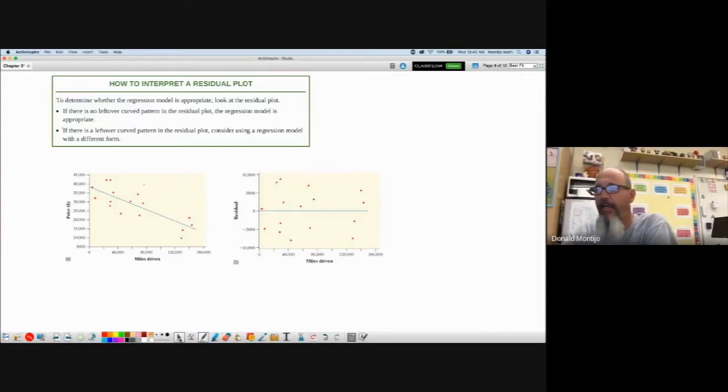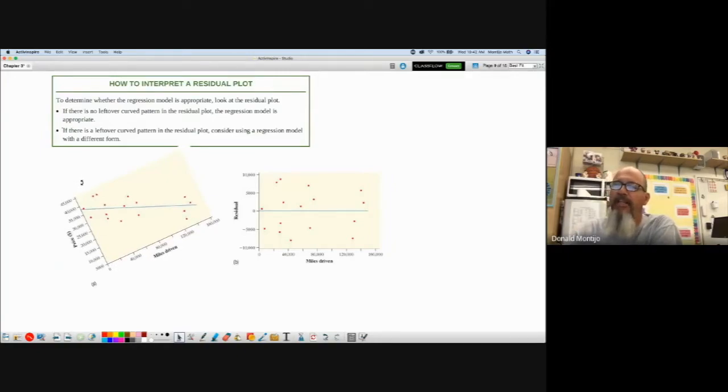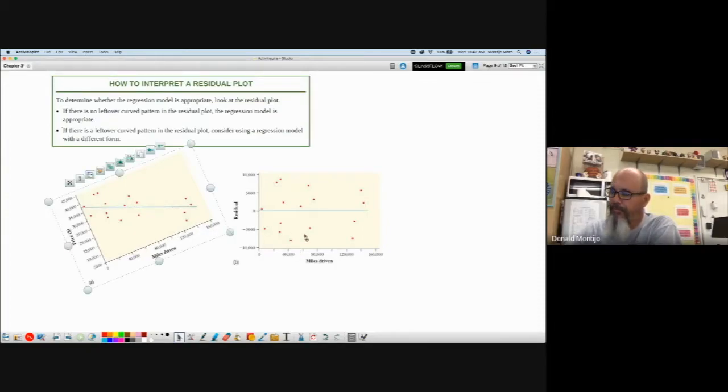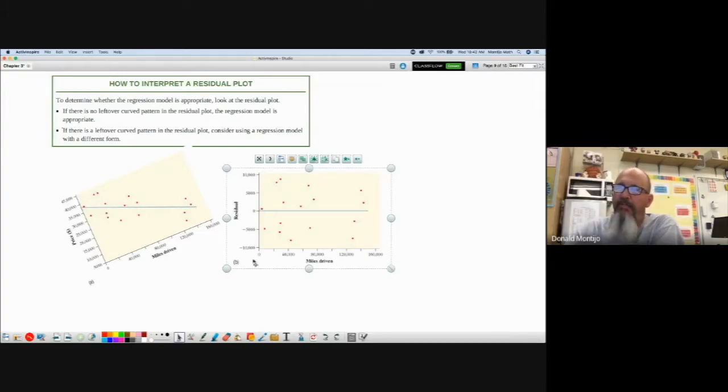And really all a residual plot is doing in a lot of ways is taking this original graph and spinning it. So if you were to take this least squares regression line and draw it horizontally, you'll notice that on the residual plot, the y values have changed. On the original scatter plot, the y values were the price of the truck. But on the residual plot, the y values are now the residuals, or how much we over or under predicted.